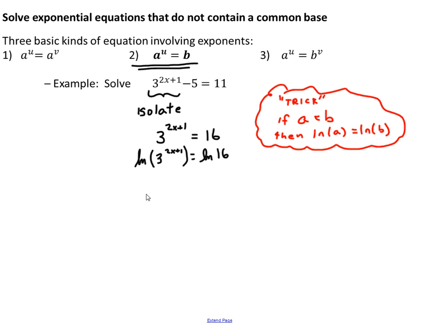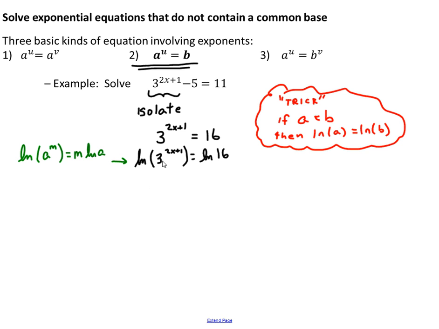Okay, so now what do we do with that? Well, remember we had some properties that went along with this. We had a property that said if we take the natural logarithm of some base to some power, it was the same as taking that power and multiplying it by the natural logarithm of that base.